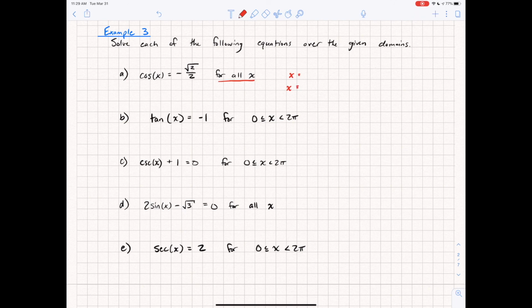I see that cosine is negative, so this is going to happen in quadrants 2 and 3, and will be associated with the angles of 3 pi over 4 and 5 pi over 4. But because I want my answer for all x, I'm going to add 2 pi k to this, because this expression now represents every possible coterminal angle with 3 pi over 4 and 5 pi over 4. K is an integer.